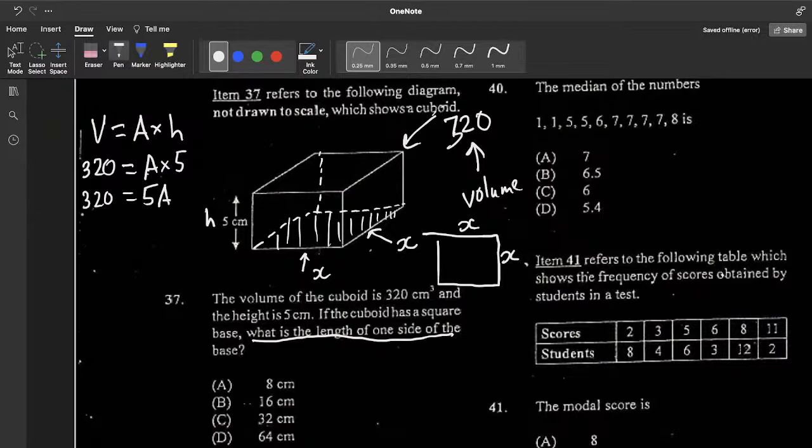Let's divide both sides by 5 to figure out the area. So now 320 divided by 5. Let's work that out. So we do our famous division here. So 5 into 3 goes 0, remainder 3 right here. So then we have 32.